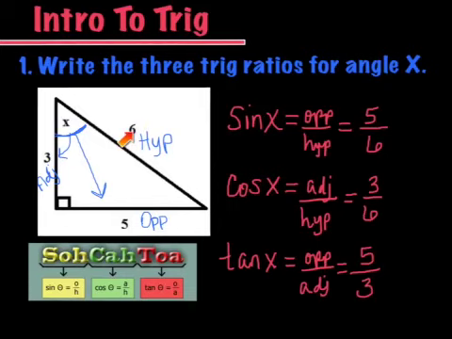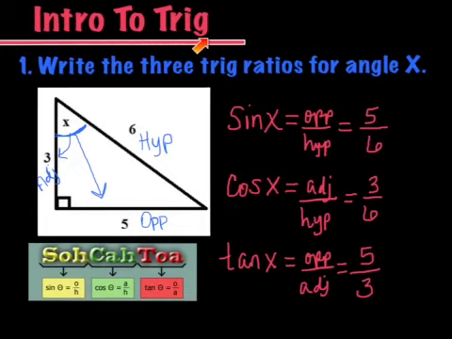So we're not going to be able to use Pythagorean theorem or our special right triangles because they won't be 30, 60, 90. Say this were 37 degrees and we only had one side. What are we going to do? We can't use Pythagorean theorem. So that's when trig comes into play.